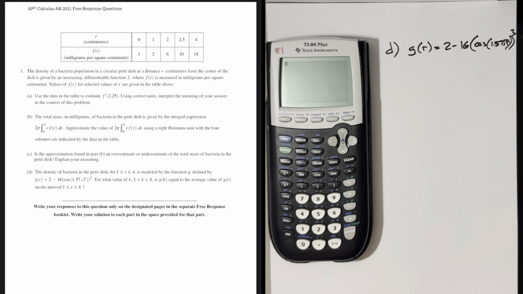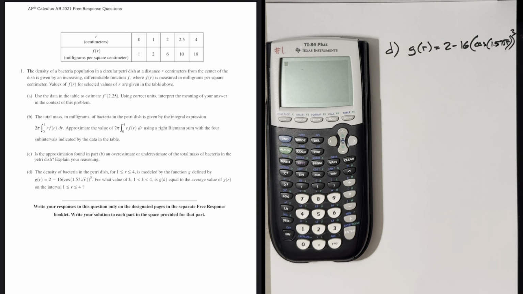It says for what value k, where k is between 1 and 4, is g of k equal to the average value of g of r over the interval from 1 to 4.